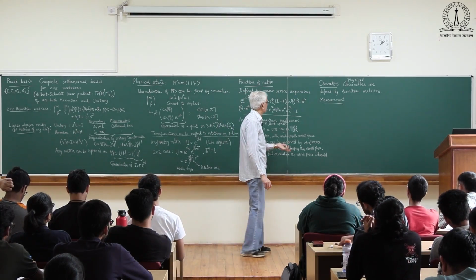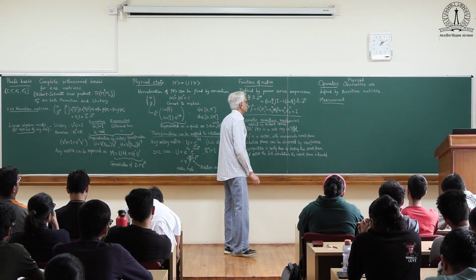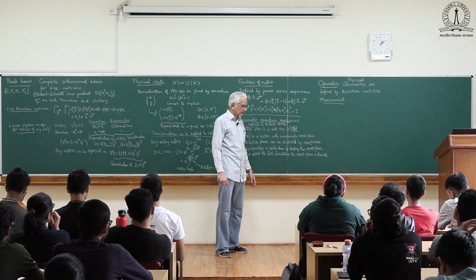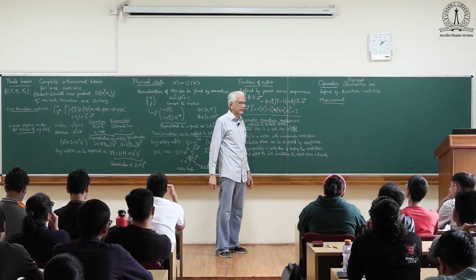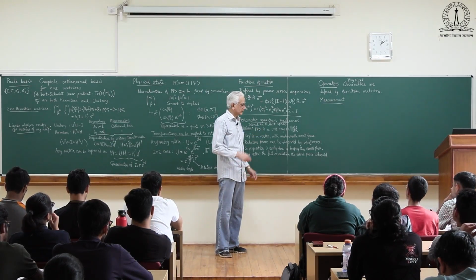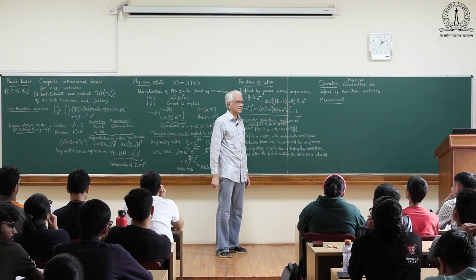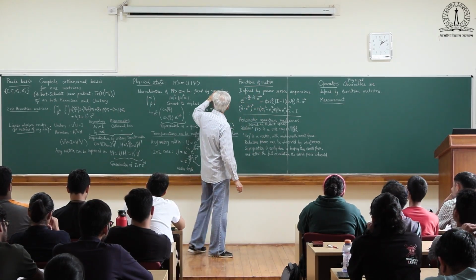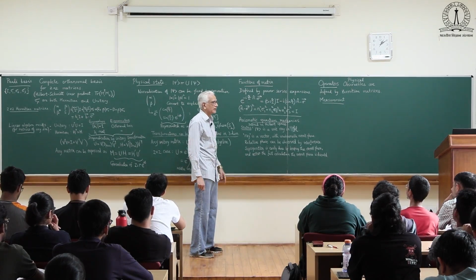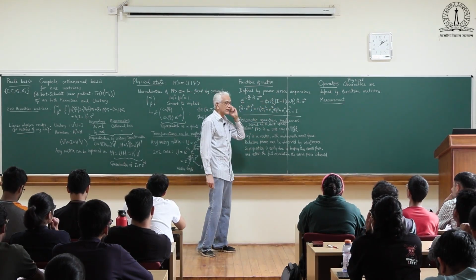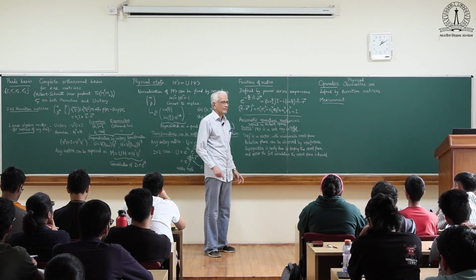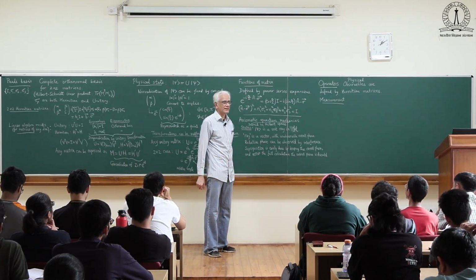In classical physics, this thing is trivial. If I have some system sitting at some coordinate x, I measure it by some instrument and it will tell me what x is. But here, the system is defined by some psi, and what you are going to get as a result of measurement is a real number. And the two have to be connected.